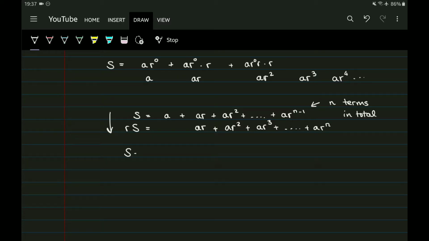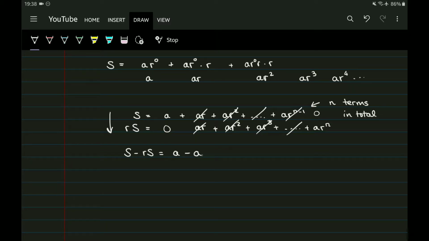So we have s minus rs is equal to a minus, well, there's nothing here, and we can just write a 0, so a minus 0 is a, ar minus ar cancels out, this also cancels out, these will also cancel out because this should be ar cubed, and this should be ar to the power of n minus 1, which also cancels out, and we can write a 0 here because it doesn't change the sum, and we have 0 minus ar to the power of n.